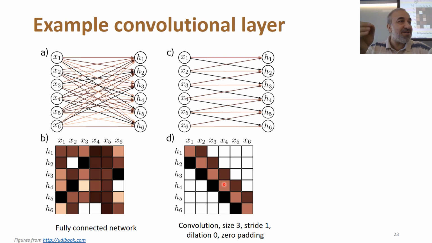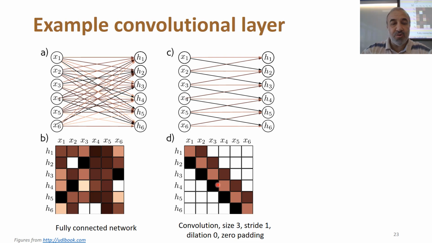Because it's the same kernel. So over all of this matrix, we only have 3 different weights, but they are repeated because we are applying the kernel to every region. While in the fully connected layer, all of these weights can be different. So we have 6 squared here, and just 3 weights here, plus the bias.